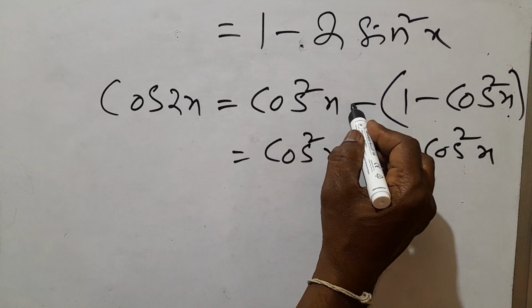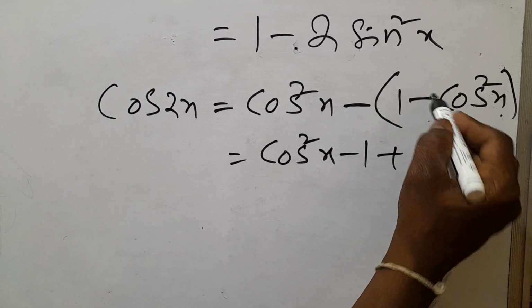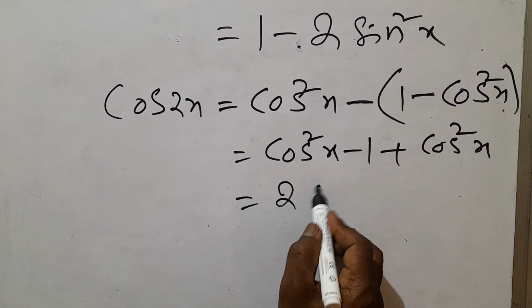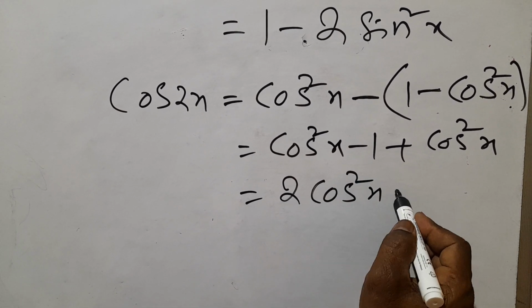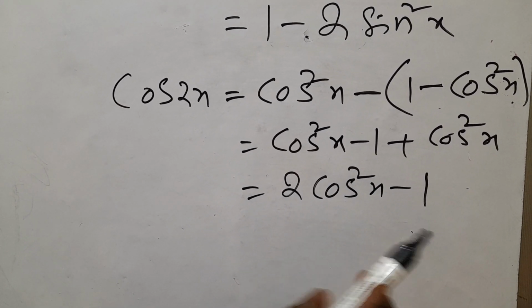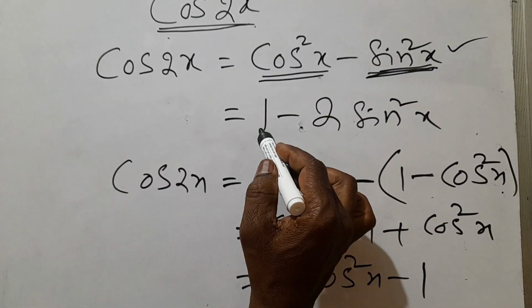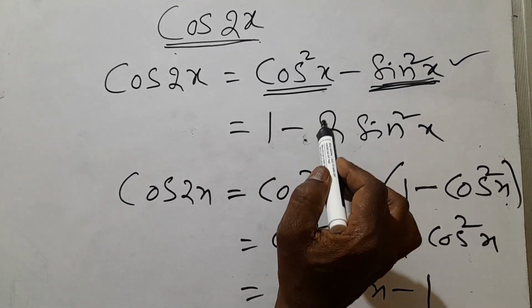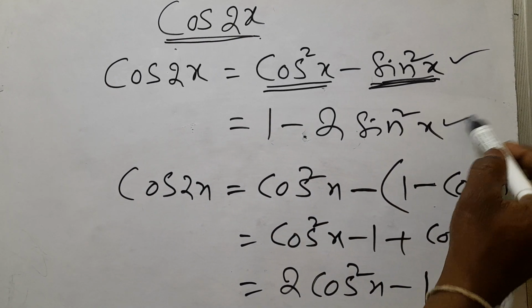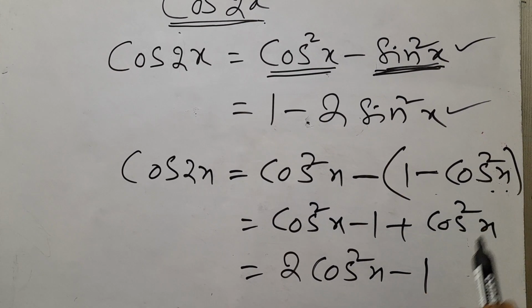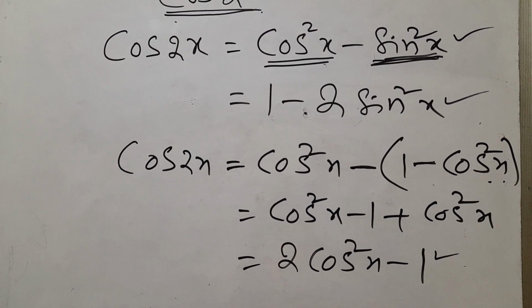Whenever opening the bracket, outside we have minus, inside also minus, this becomes plus. So cos square x plus cos square x becomes 2 cos square x minus 1. So this is the third formula. The first one we derived initially. After that, in place of cos square, if you put 1 minus sin square, we get 1 minus 2 sin square x. Now in place of sin square, if you put 1 minus cos square, we get 2 cos square x minus 1.